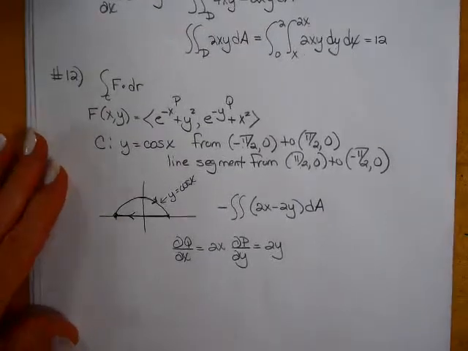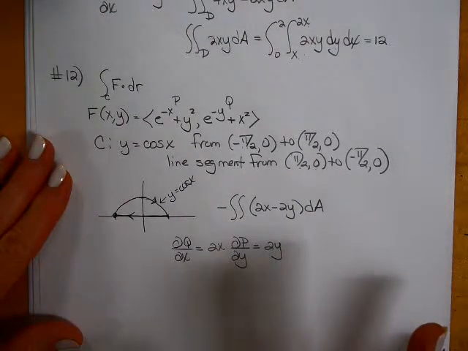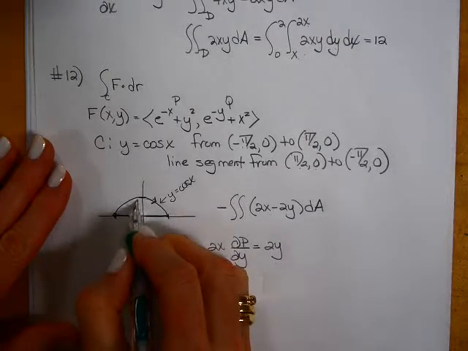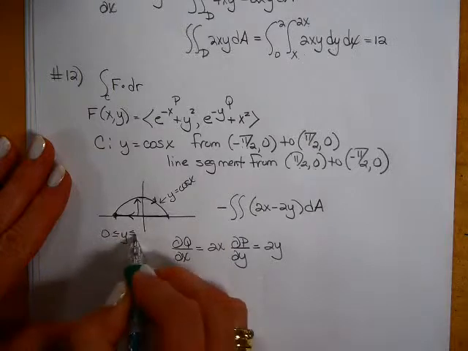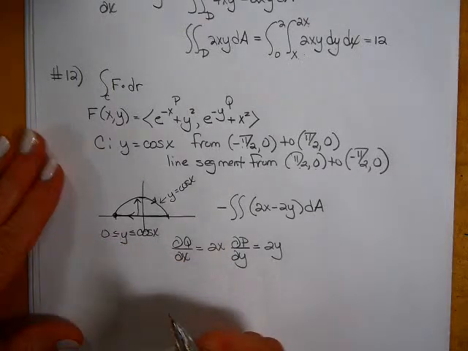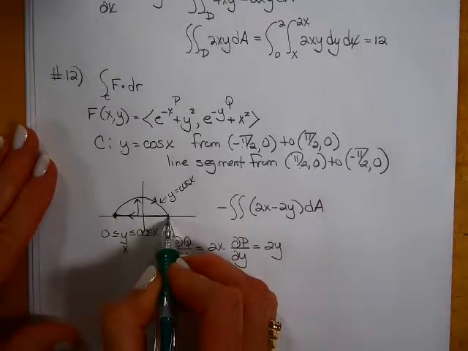Now, to set up my limits of integration, I'm just going to leave it in terms of x's and y's. My y values are going from 0 to the cosine of x, and my x values go from negative pi over 2 to positive pi over 2.